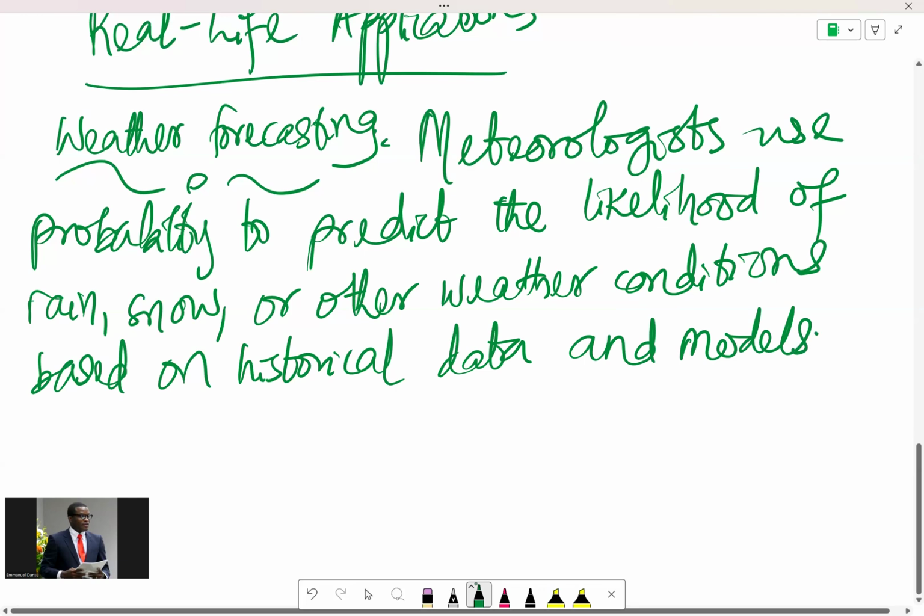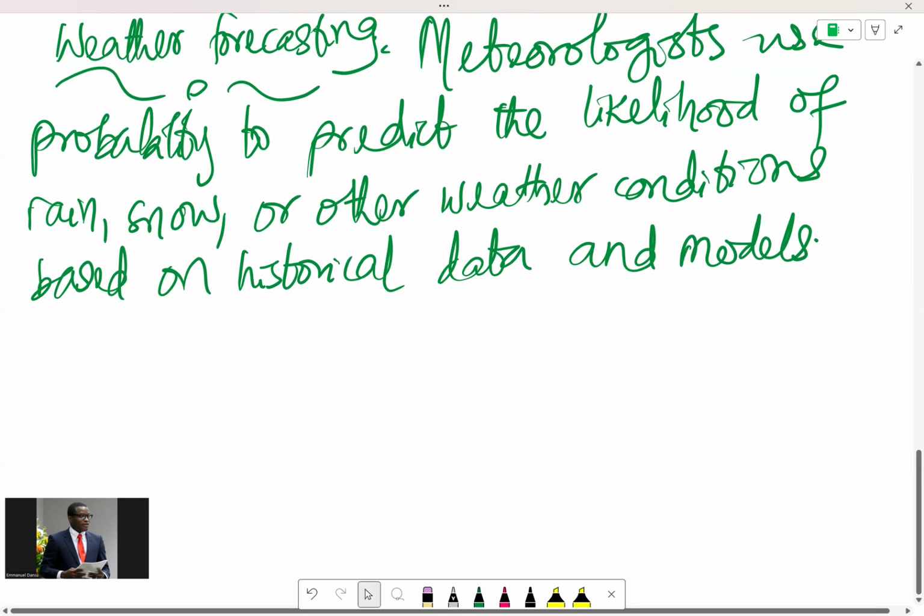So probability is crucial to weather forecasters.